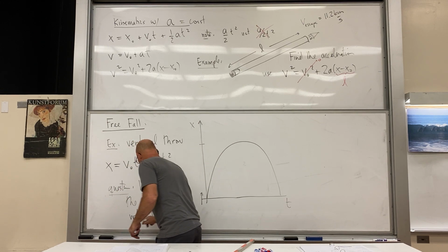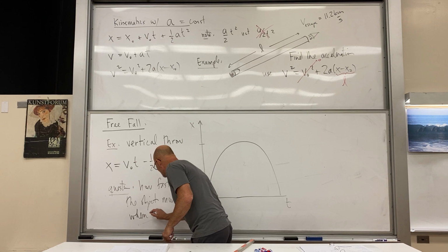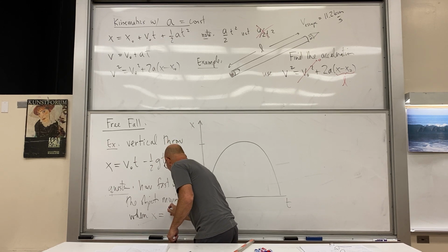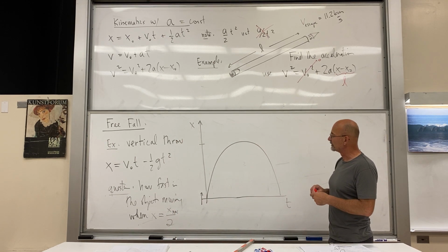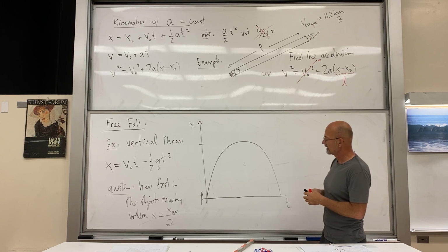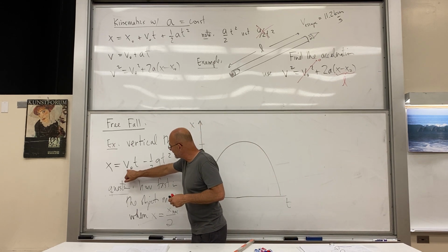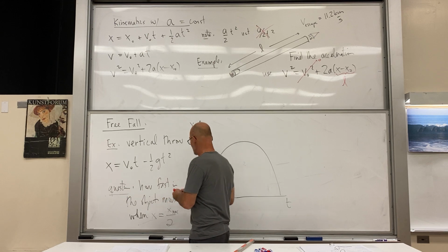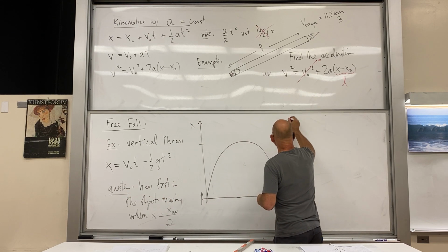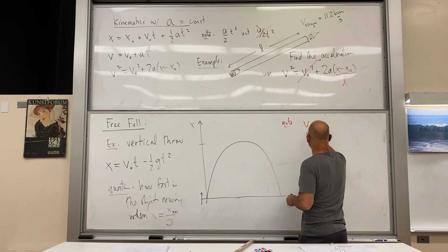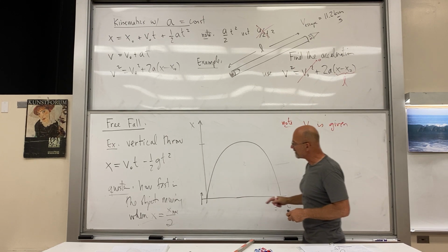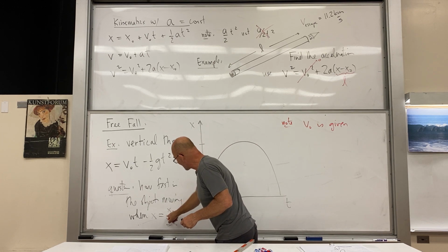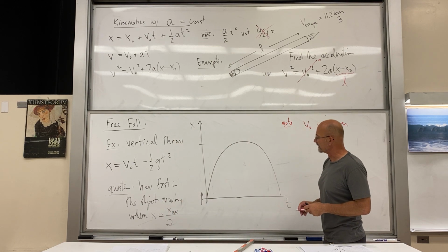When, and we'll write it this way, when x equals x maximum divided by 2. So what is the speed? So note here, v sub 0 is given, and we want to know how fast the object is moving when x equals x max over 2.